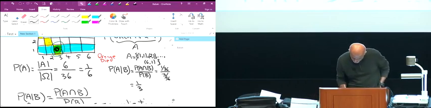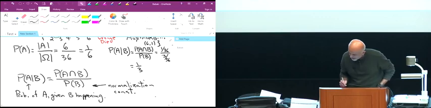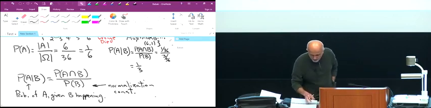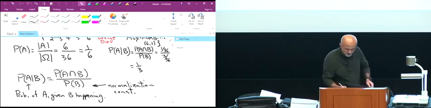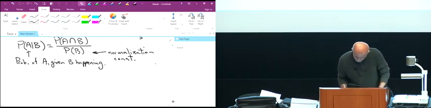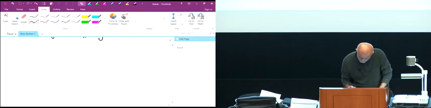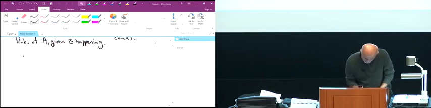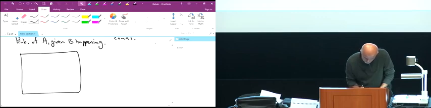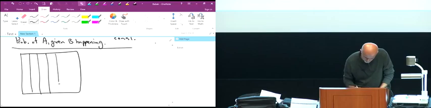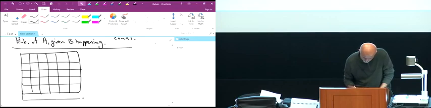Now let me ask you another question about the same experiment. Now I tell you that the sum of the red and blue, so let me redraw. 1, 2, 3, 4, 5. 1, 2, 3, 4, 5.